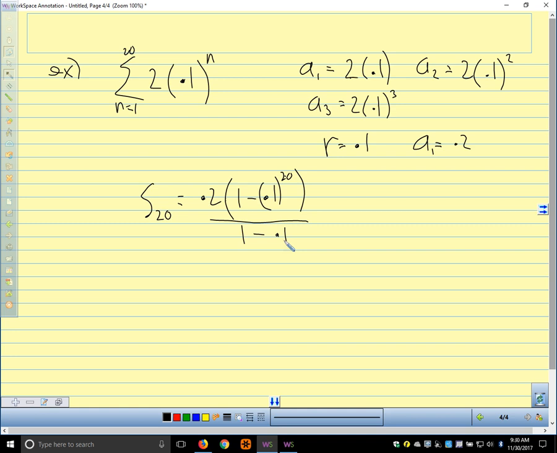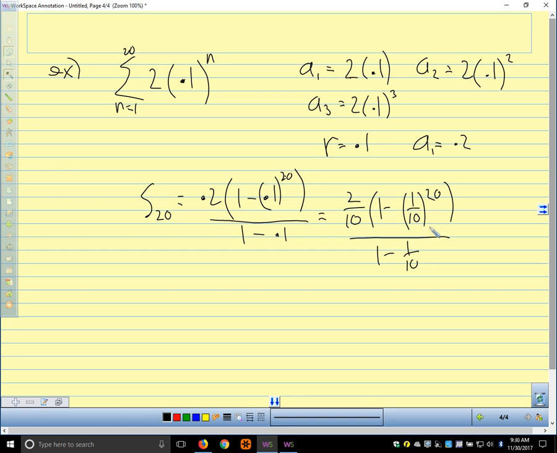You can plug it into your calculator and calculate, that's fine. I just want to let you know what your book does. They do everything in terms of fractions. So what they would do is write this as 2/10 times 1 minus 1/10 to the 20th over 1 minus 1/10. And they would do this subtraction.